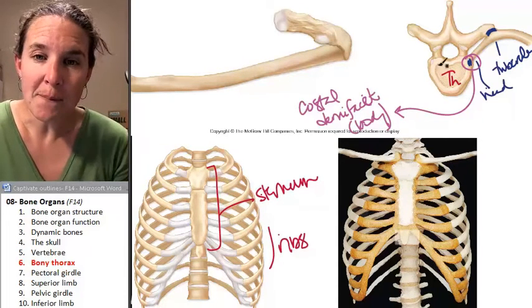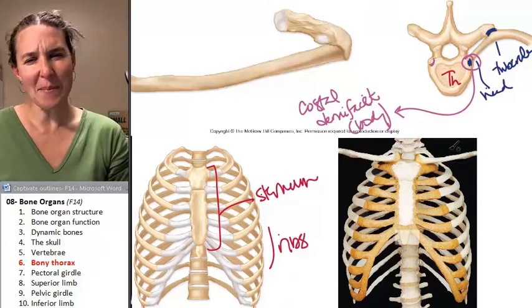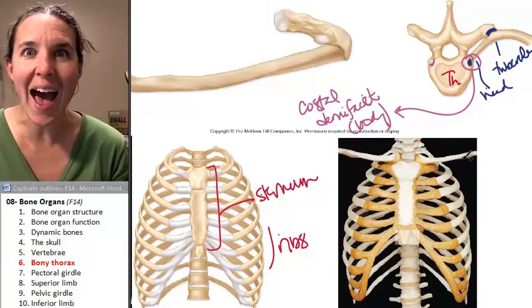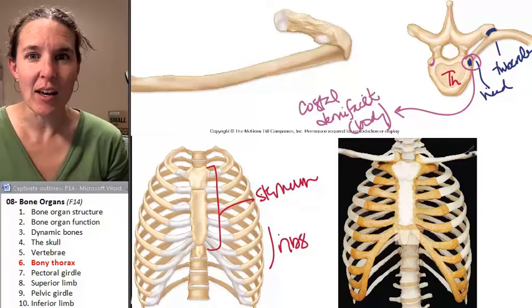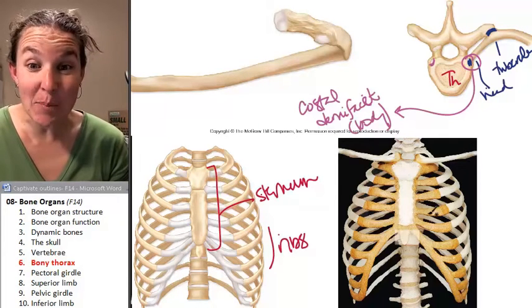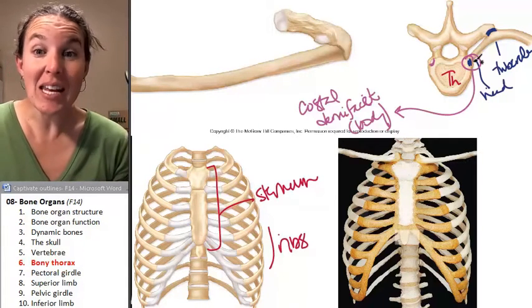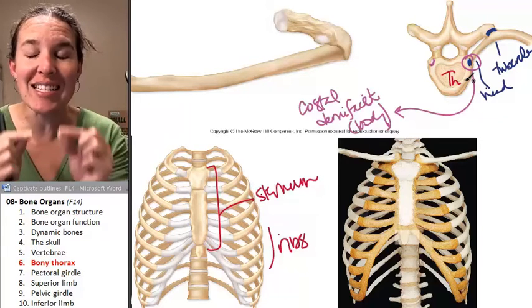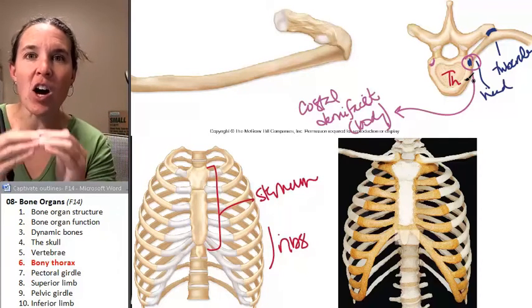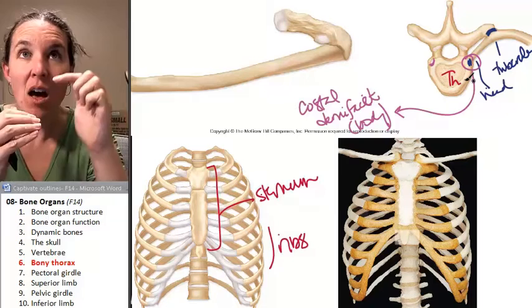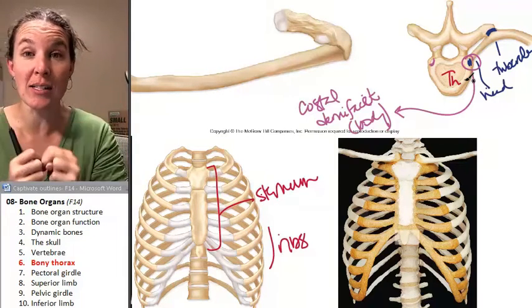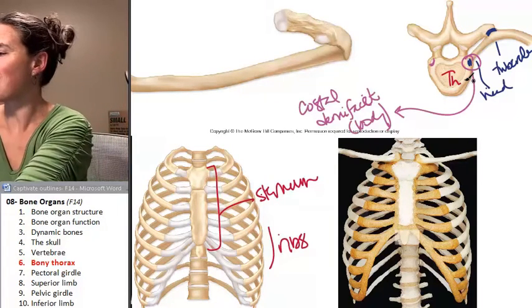Why is it called a demifacet? Demi, half. It's half a facet, which makes complete sense because you can't really see it here, but the head of the rib articulates with the costal demifacets of two thoracic vertebrae. So stack them up.